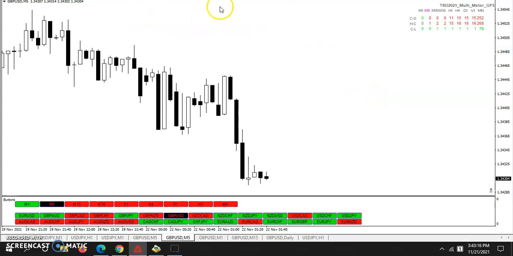So also have the multimeter GPS. You probably know when I have the magnified market price across the top, I always have close minus open, high minus close, and close minus low. So right now we're early in the trading day, so these numbers are pretty much going to be the same. But you can see here as you go into the lower time frames that these numbers are going to change a lot more rapidly than these numbers, because these will change high minus close, close minus low every bar.